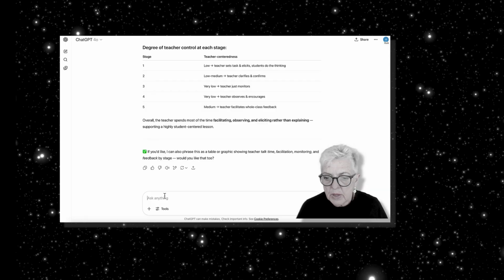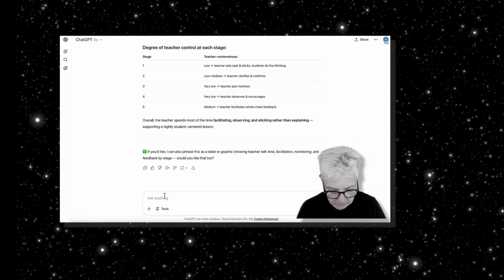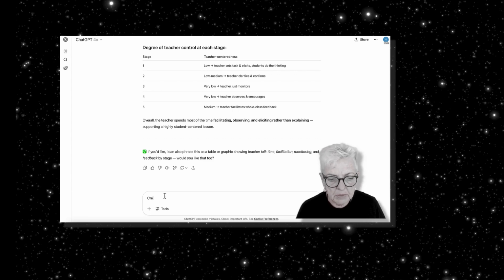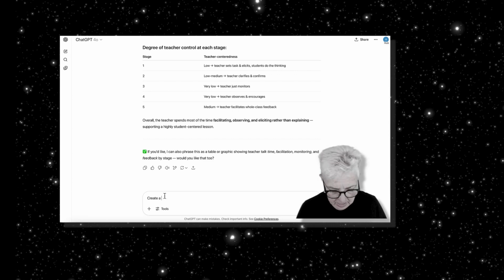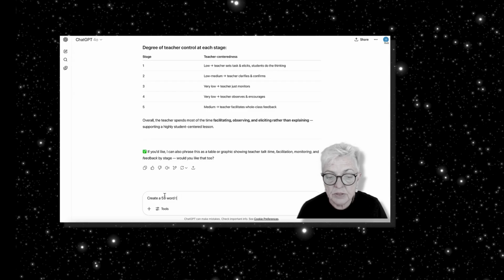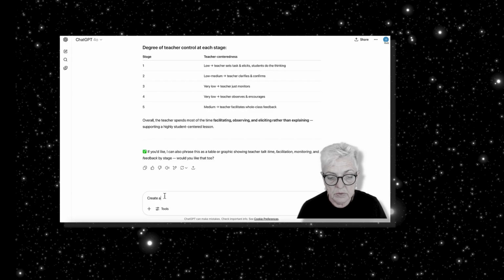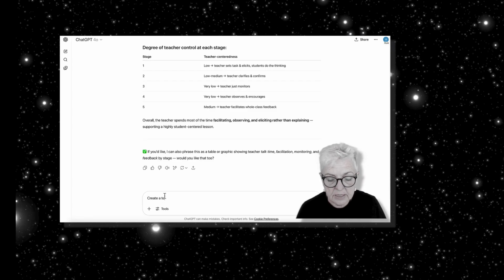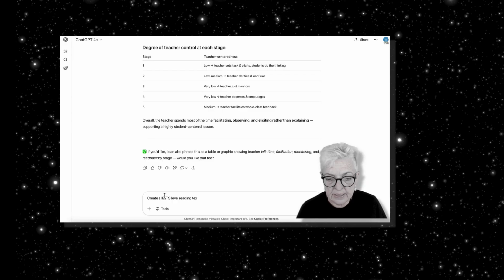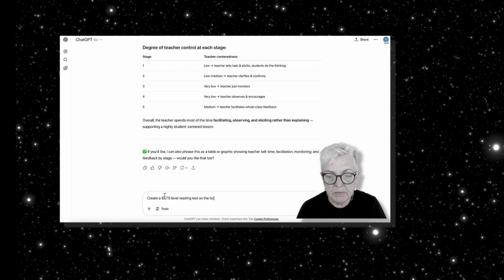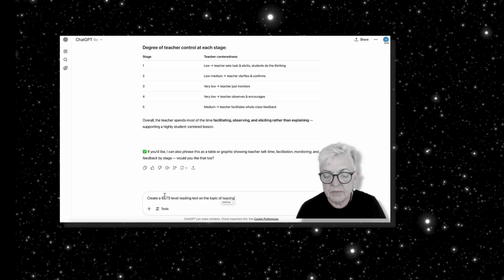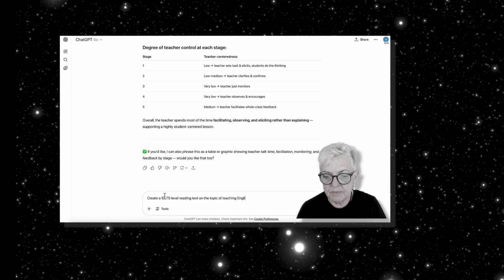So it can create all types of lessons. For example, create a 500 word text. Create a text, an IELTS level reading text on the topic of teaching English.